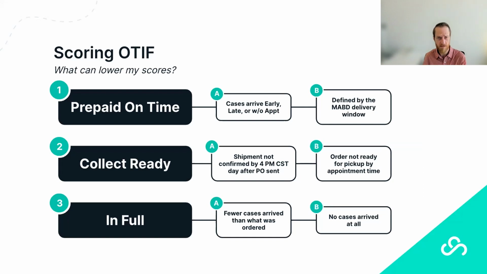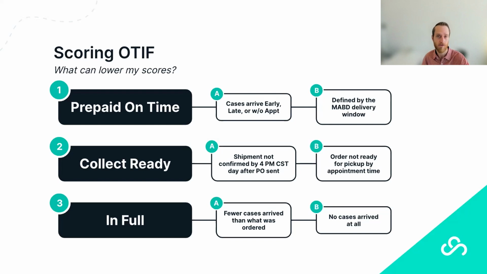So just to start out, for prepaid on time, if you're a prepaid supplier, again, you're required to deliver those cases to the DC on time. And Walmart, unlike some retailers, will fine you if you're early, as well as if you're late, or if you deliver without an appointment.